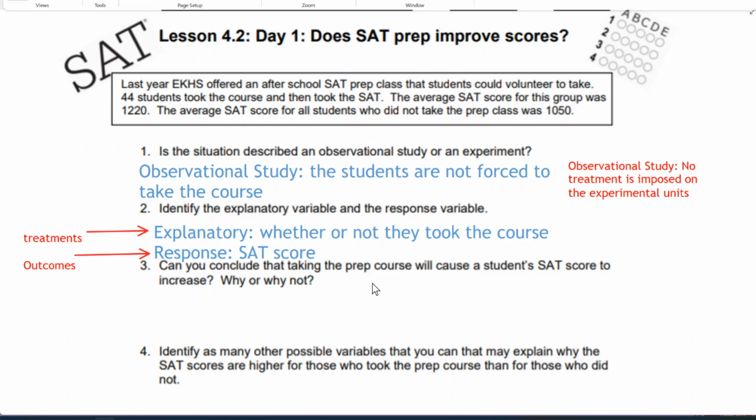So we have one explanatory variable with two levels. The explanatory variable is taking the SAT course. The levels are yes, they took the SAT course. No, they did not take the SAT course. And then again, those outcomes are the SAT score.